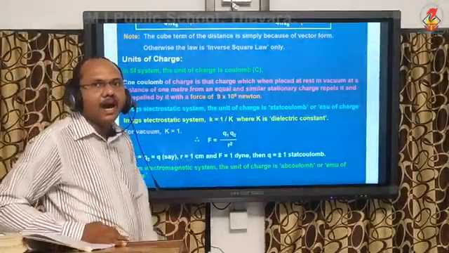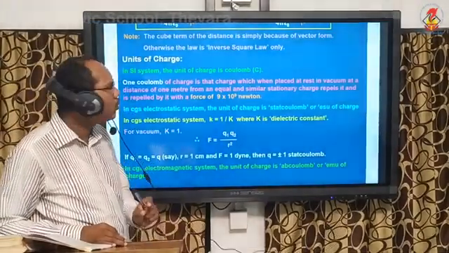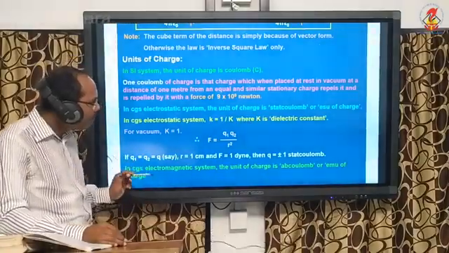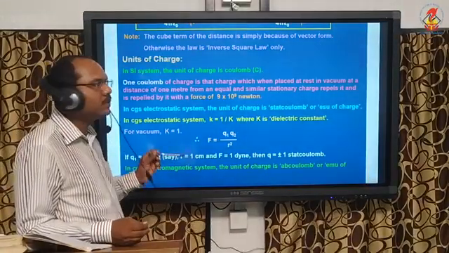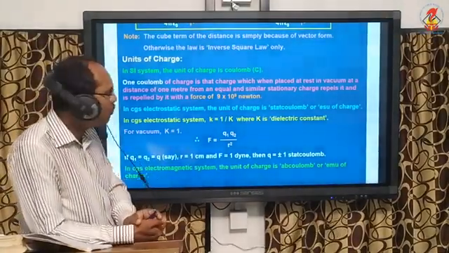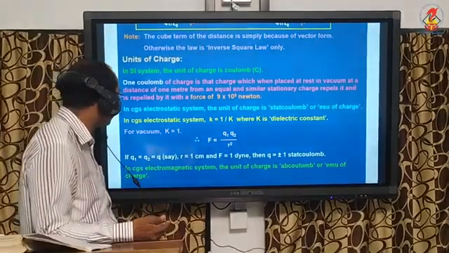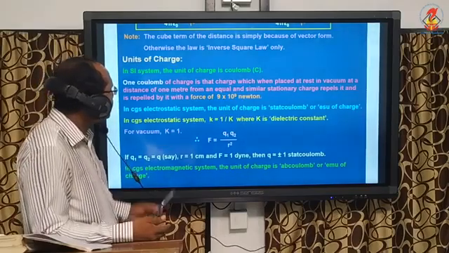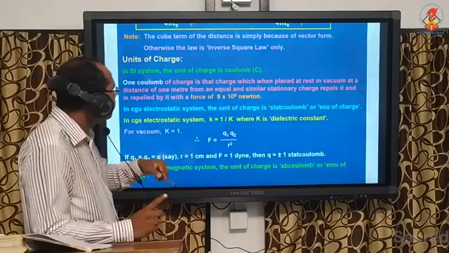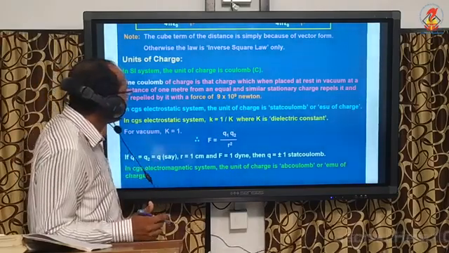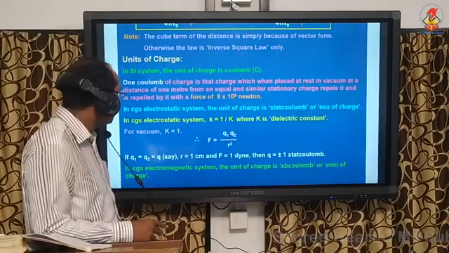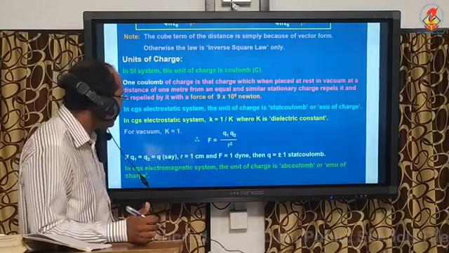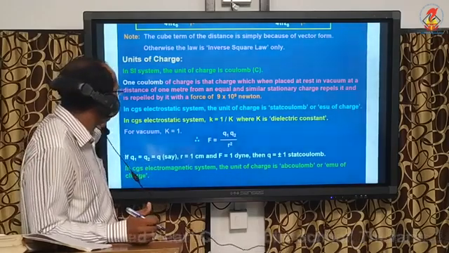Now let us see how can we define 1 Coulomb of charge based on Coulomb's force. We already know Coulomb's force equation, F is equal to 1 by 4 pi epsilon 0 q1 q2 by r square. So, imagine if q1 is equal to q2 is equal to 1 Coulomb and r is equal to 1 meter.